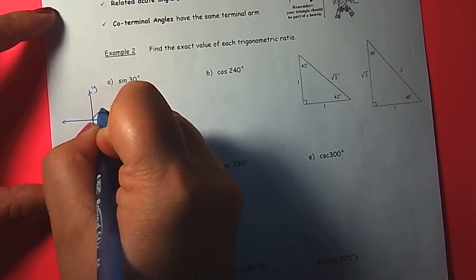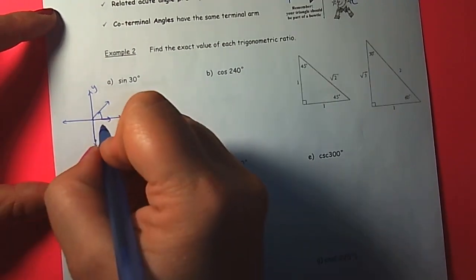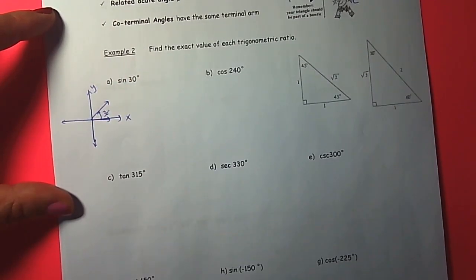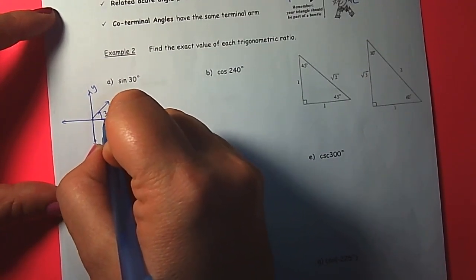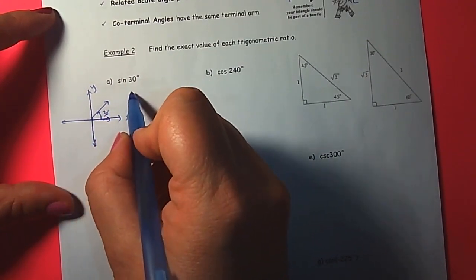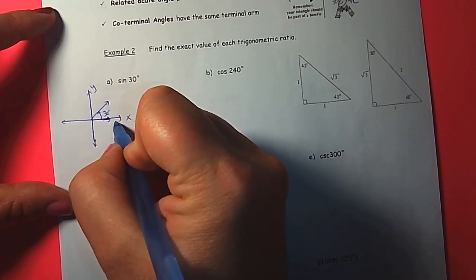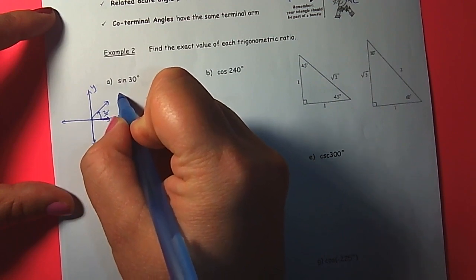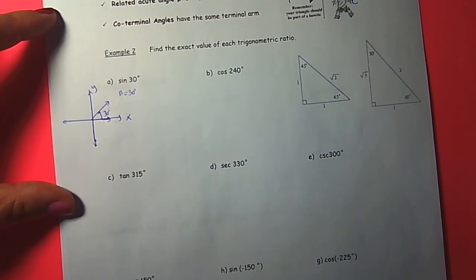We know that the terminal arm will be located in the first quadrant. So that is 30 degree. That is theta. And the related acute angle for this angle again is going to be the angle between the terminal arm and the x-axis. So for this question, the related acute angle is also 30 degree.